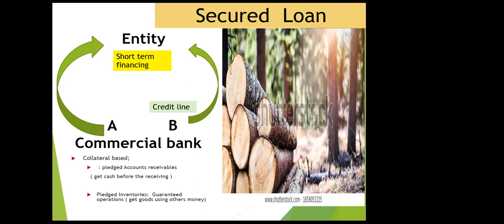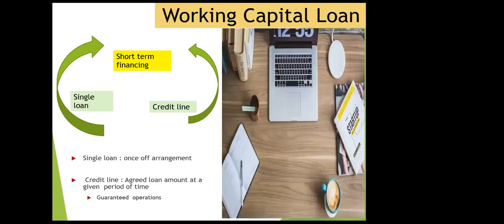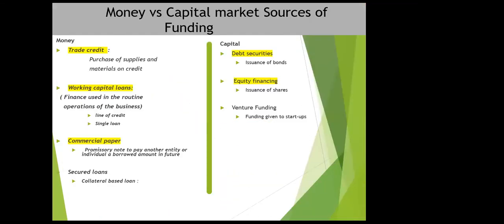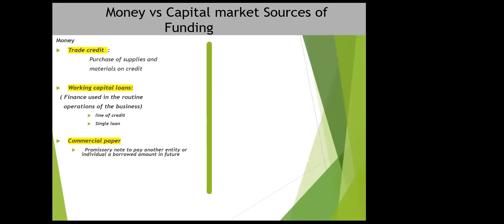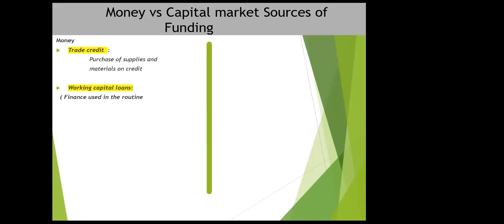Okay. So basically, these are the salient vehicles that you find under the money market. Remember, the vehicles that you're looking at, these are vehicles that you utilize to source funding. Okay. But if you are basically just in the market to invest, there are other vehicles as well that you can discuss.